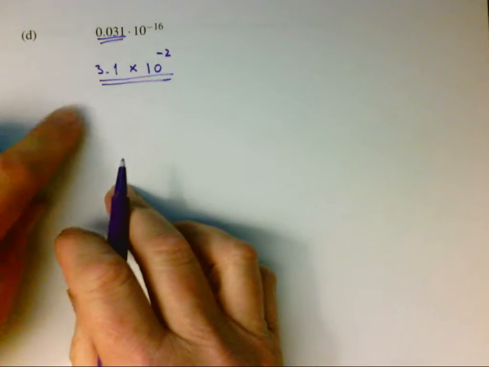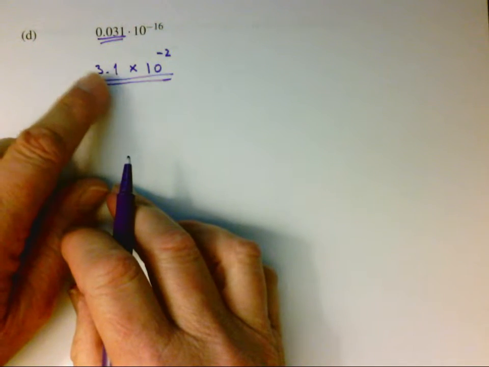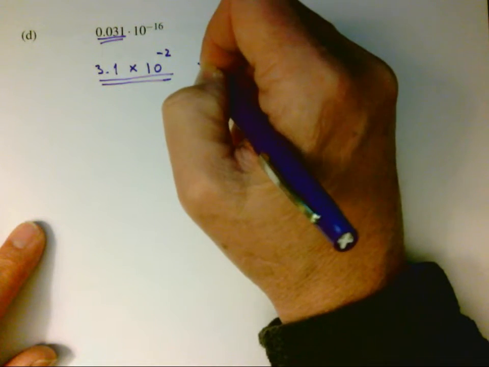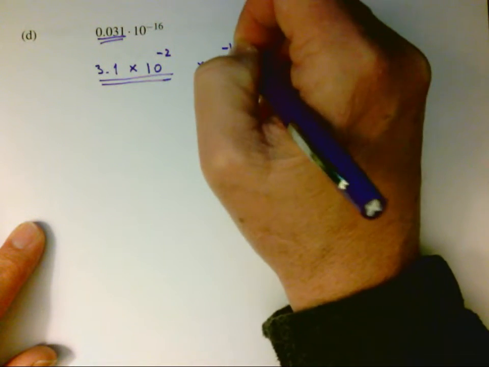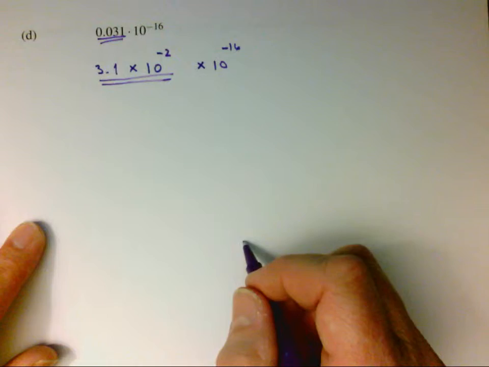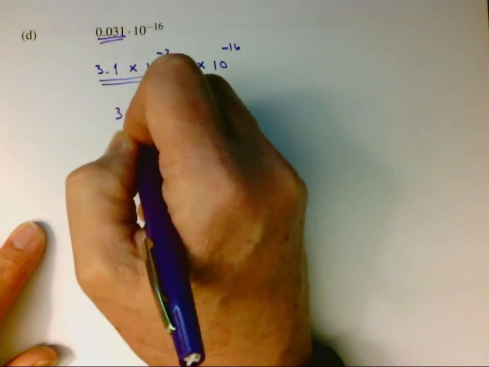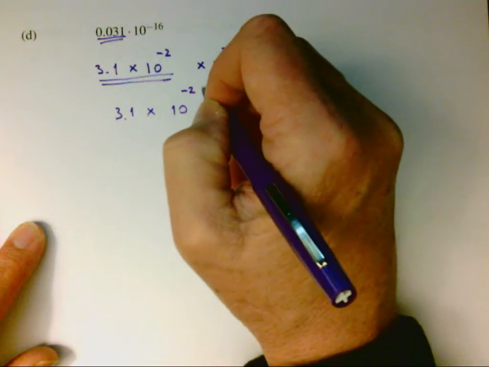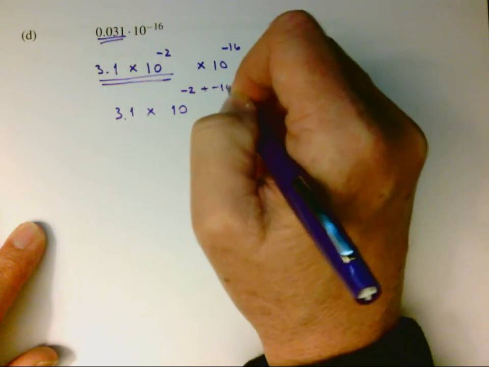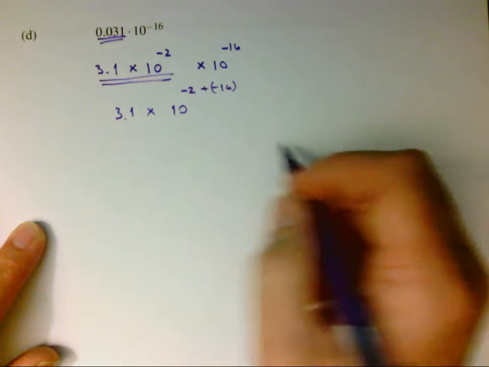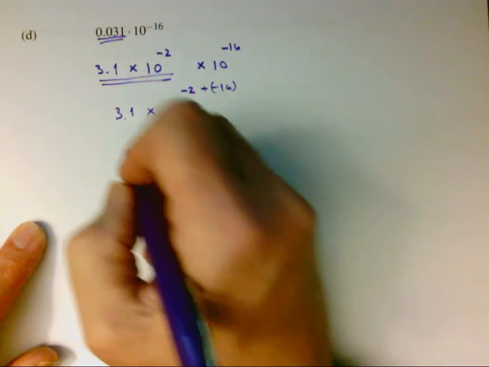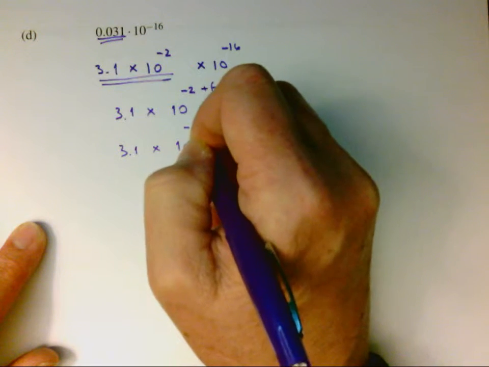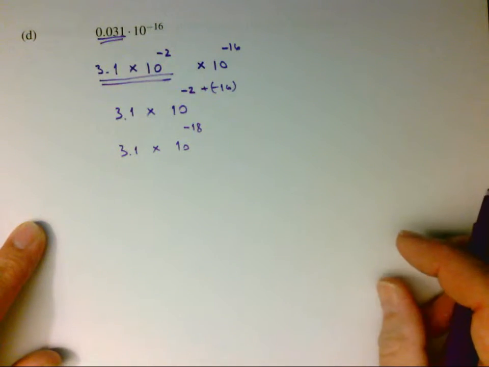And what I've done is I've managed to get a number out front that's between 1 and 9. Then we're going to be multiplying times 10 to the negative 16. Well, leave the 3.1 the way you have it. Combine the exponents of the tens. Negative 2 plus a negative 16 is a negative 18. And now we're in proper scientific notation.